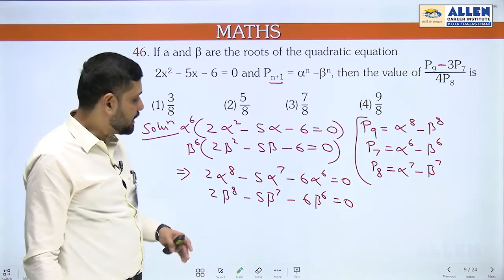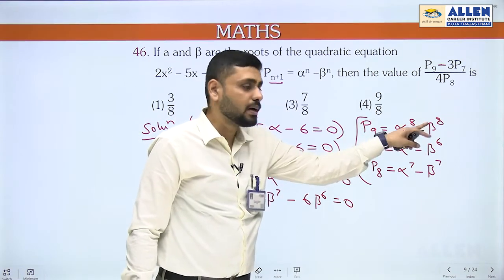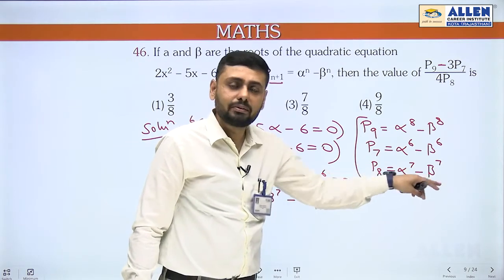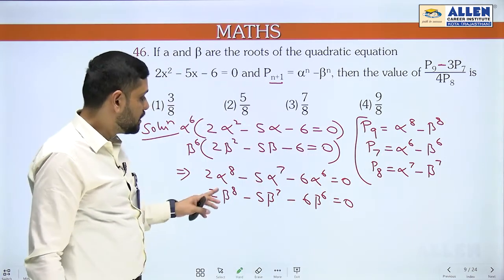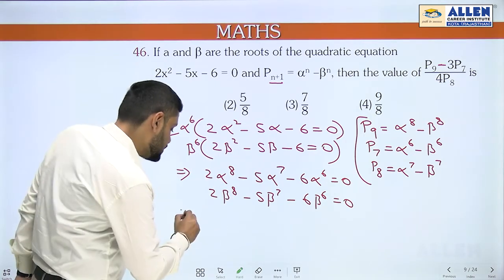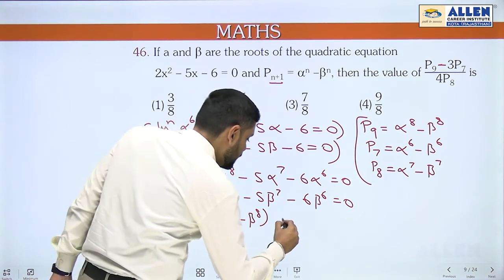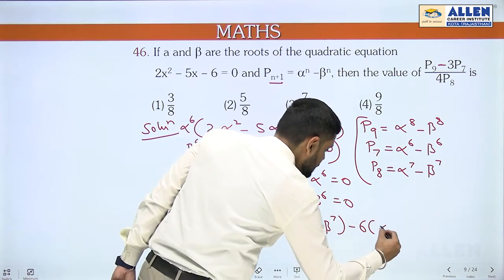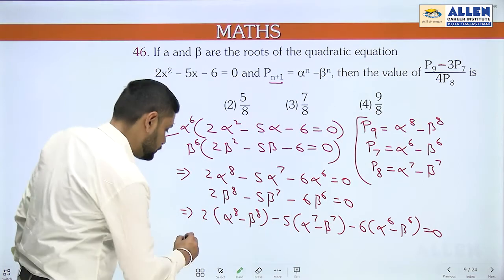And now we subtract them. Why are we subtracting? Because we require the difference of alpha to the power 8 minus beta to the power 8, and similarly alpha to the power 7 minus beta to the power 7 and alpha to the power 6 minus beta to the power 6. So we subtract these two equations and we get 2 into (alpha to the power 8 minus beta to the power 8) minus 5 (alpha to the power 7 minus beta to the power 7) minus 6 (alpha to the power 6 minus beta to the power 6) equals 0.